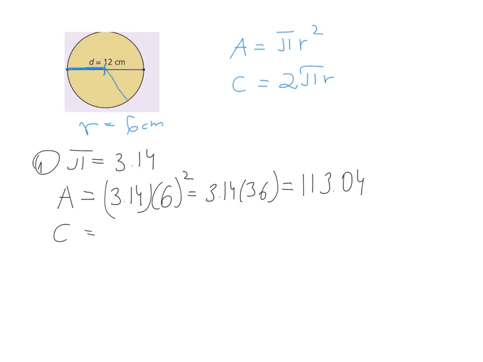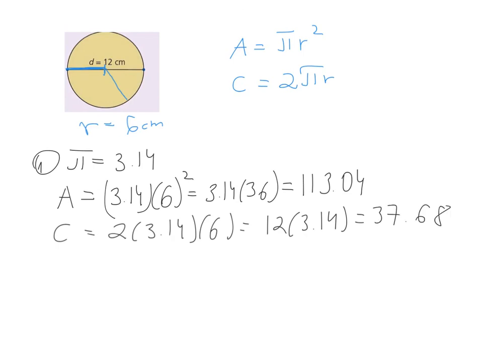And the next one is 2 multiplied by pi, 3.14, and multiplied by r, which is 6. So again, 2 by 6 is 12, multiplied by 3.14, and this is 37.68.